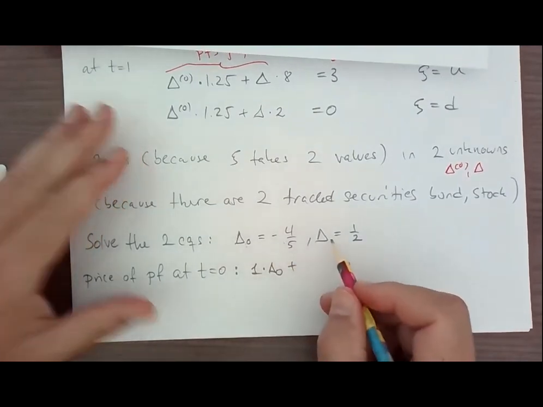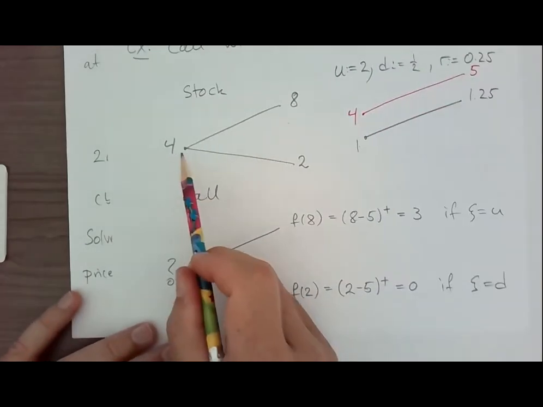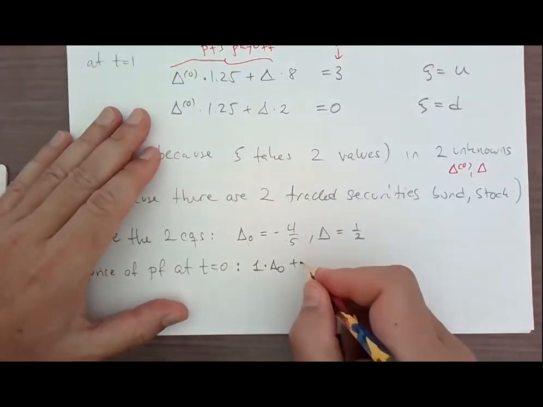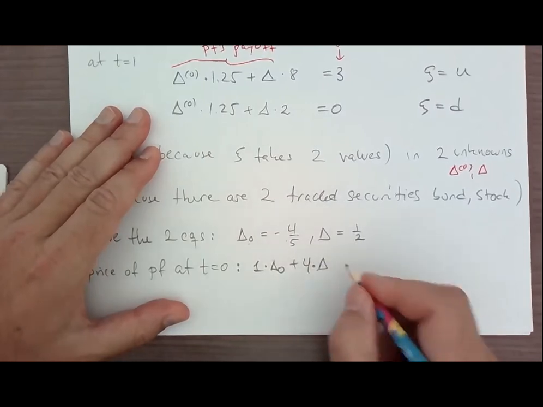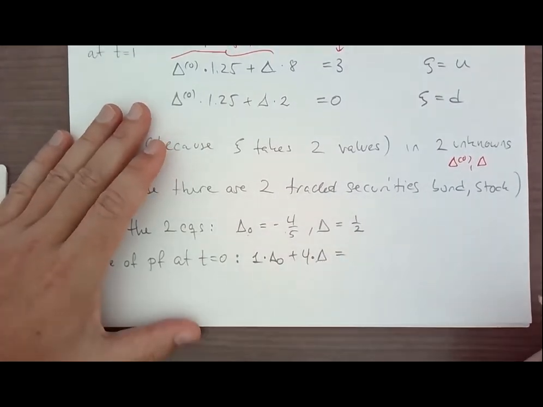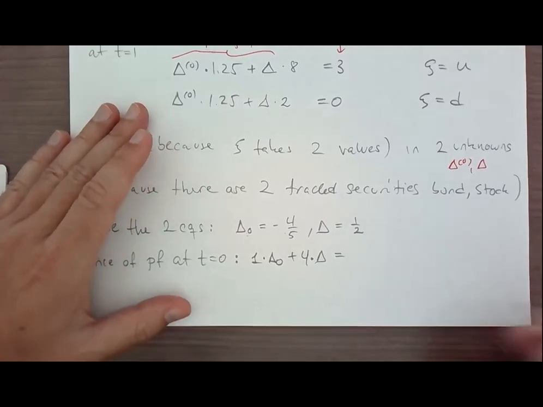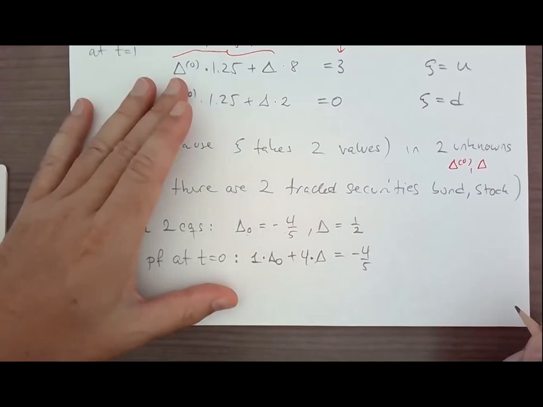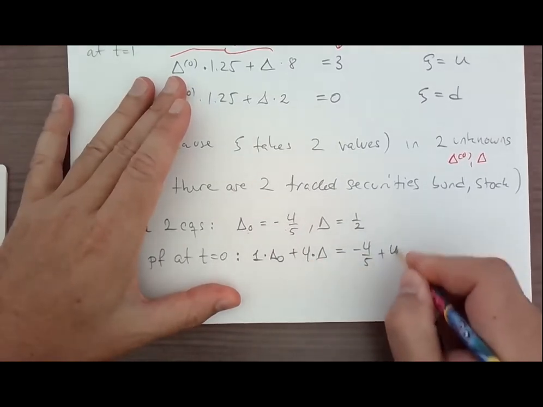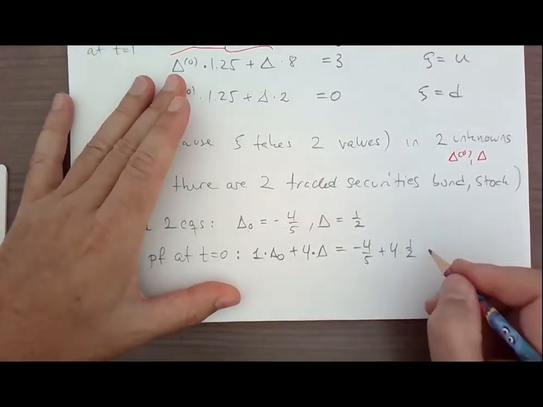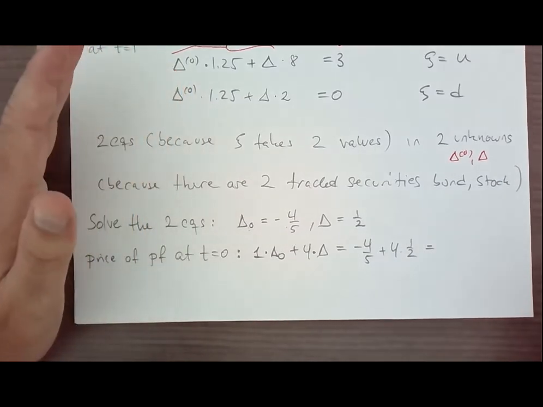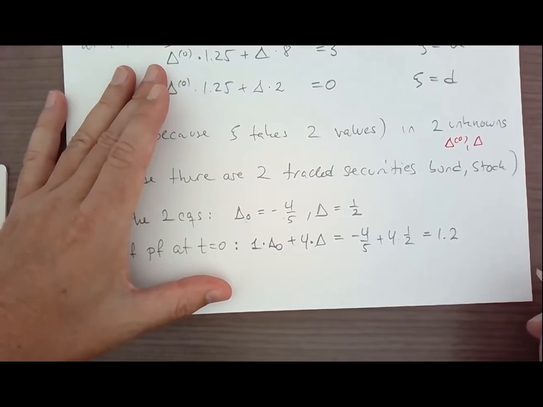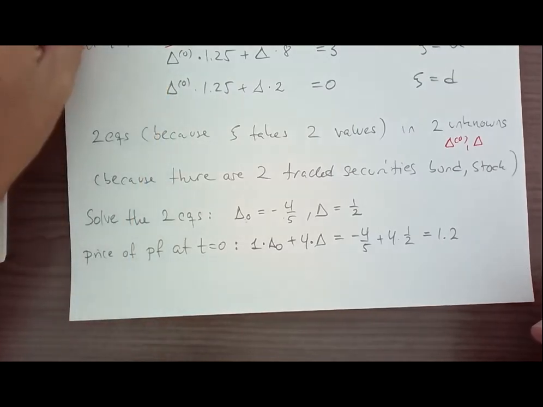How much does it cost to buy a stock? It costs $4 to buy one stock. So 4 times delta. And then I'll plug in, this will be minus 4 over 5 plus 4 times a half. And this comes out to being 1.2. This is my question mark.